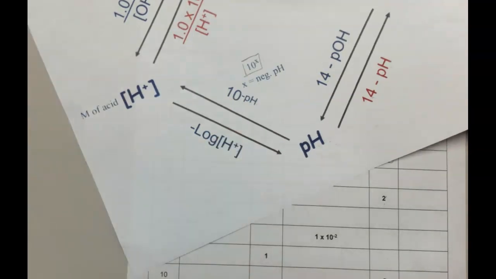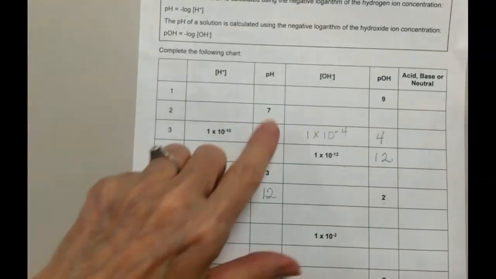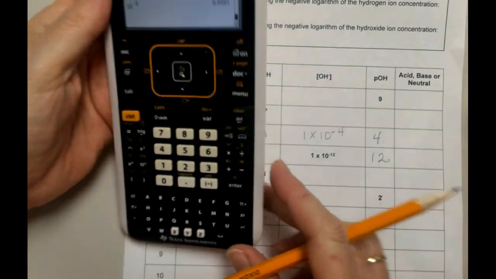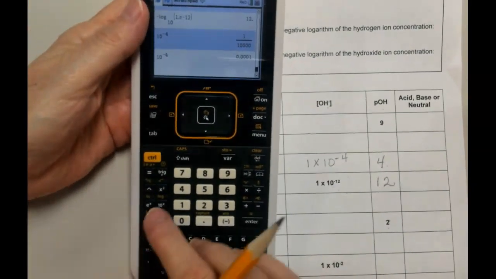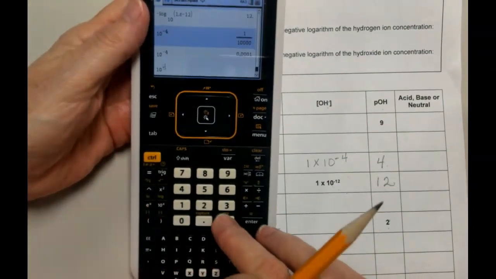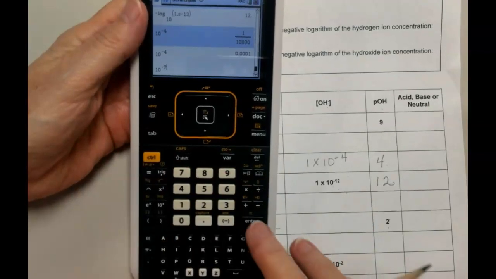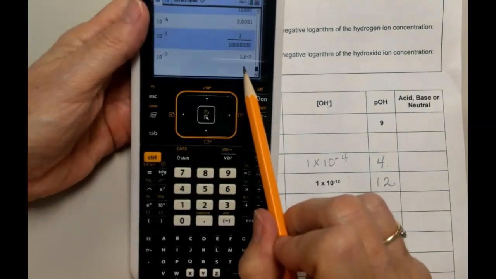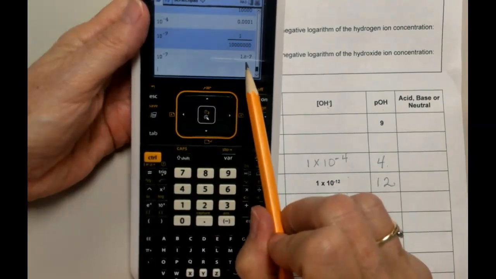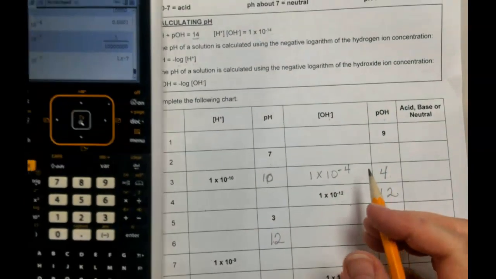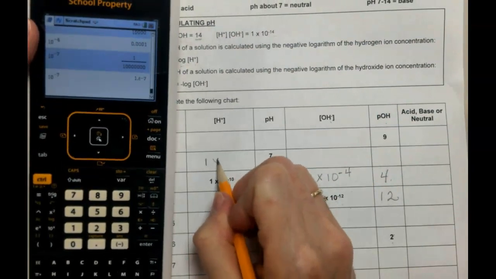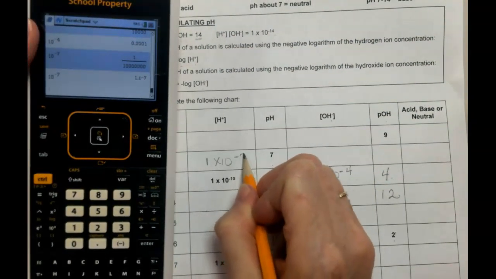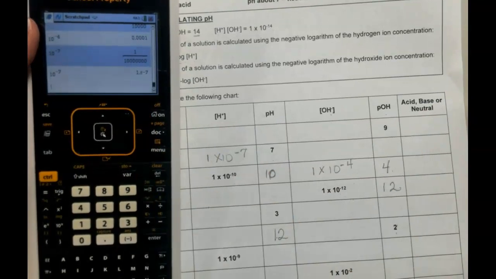So that's what I'm putting in the calculator. 10 to the negative pH, which is 7. 10 to the negative 7. So 10 to the X, negative 7. Okay, I'm going to hit enter. Again, I don't like that, so I'm going to hit control enter. See what it says? It says 1e negative 7. What is that, though? 1 times 10 to the negative 7. That e means times 10.